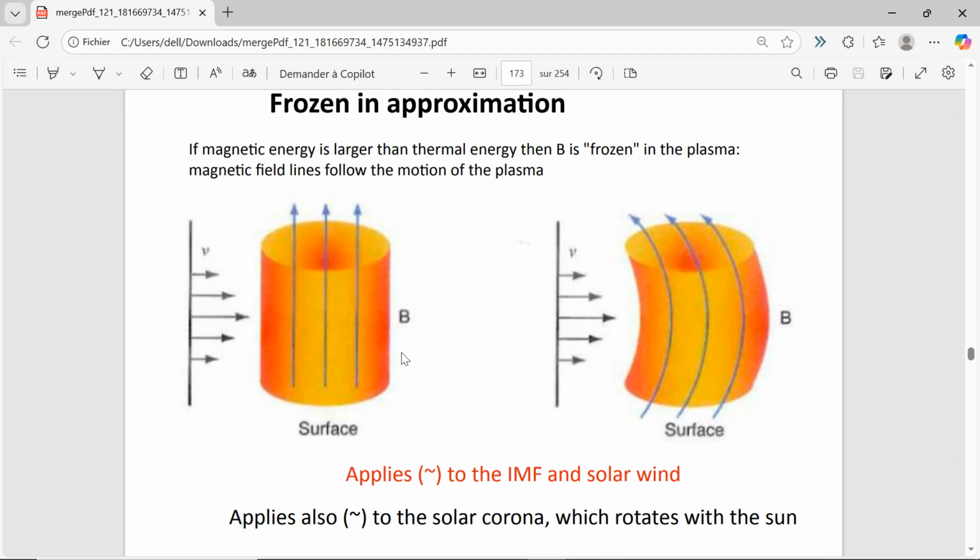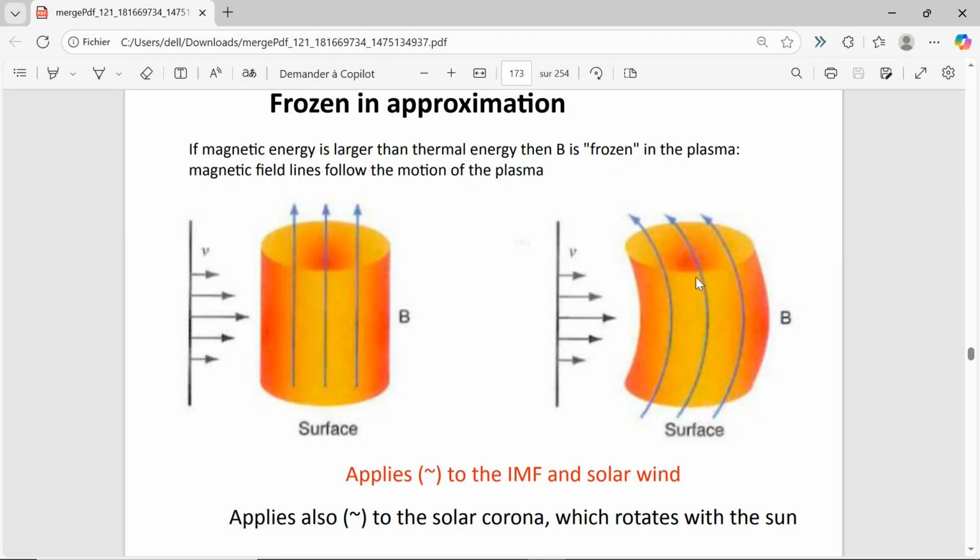We have seen that the moving plasma drives the magnetic field lines of the sun, especially because the sun's surface moves in a very different way. At the equator, we have very fast moving gases and plasma, so we have a critical gradient of velocity.